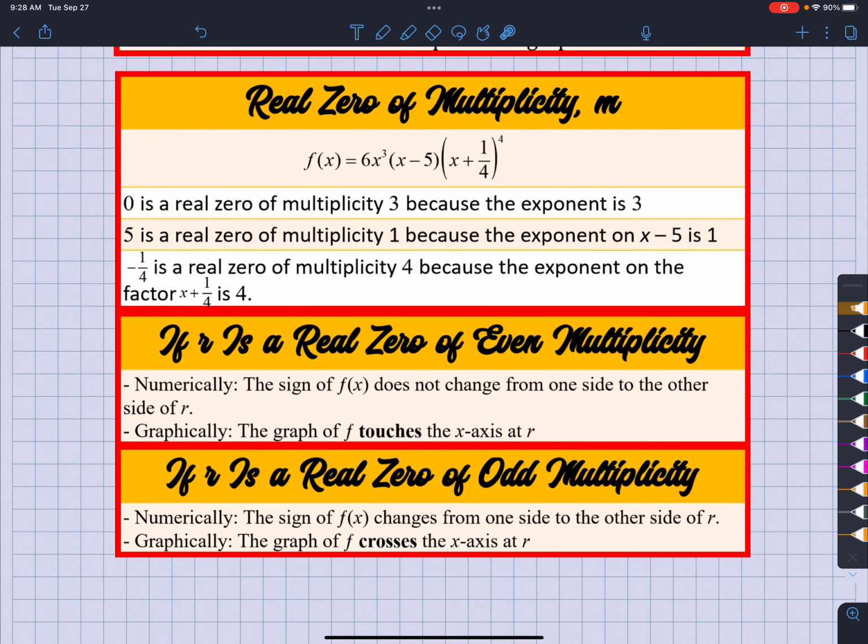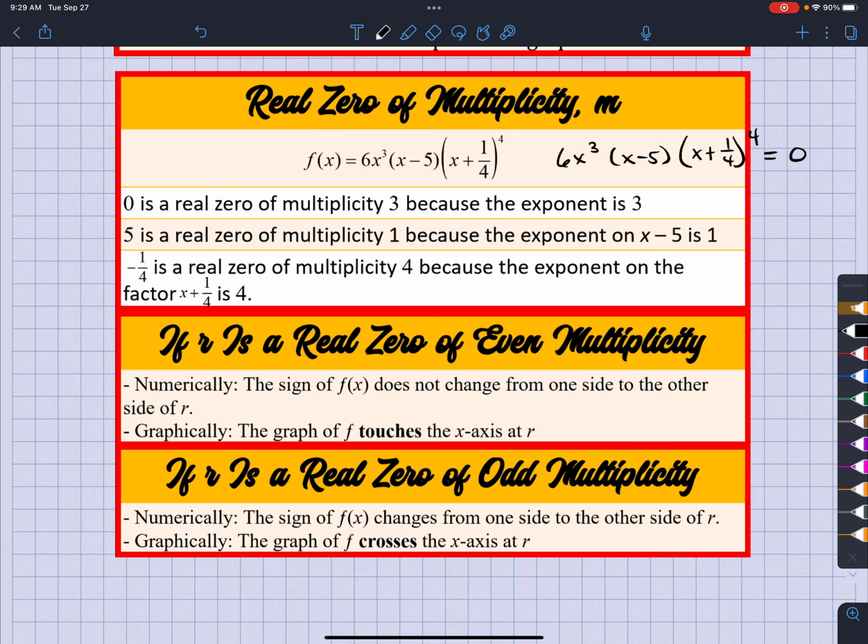In this example, it talks about the multiplicity, as I was talking about before on that graph. If I set this equal to 0 and look for zeros, I would take 6x to the third times x minus 5 times x plus 1/4 to the fourth, and say that is equal to 0.